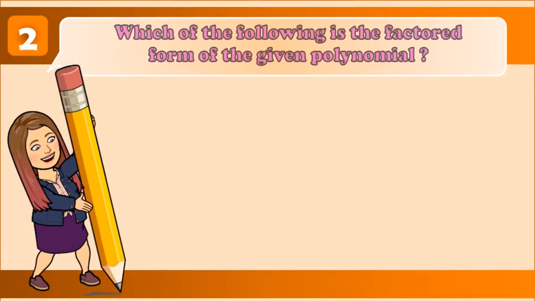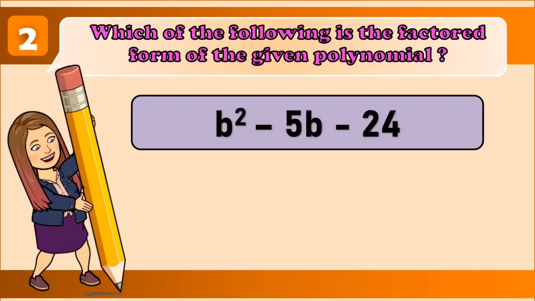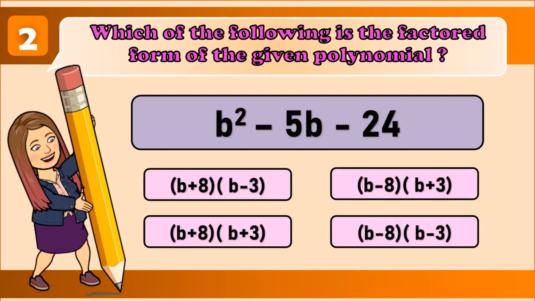Another one. Which of the following is the factored form of the given polynomial b squared minus 5b minus 24? Another 4 choices. Try it out. Pause. Do you have now the answer? Yes.